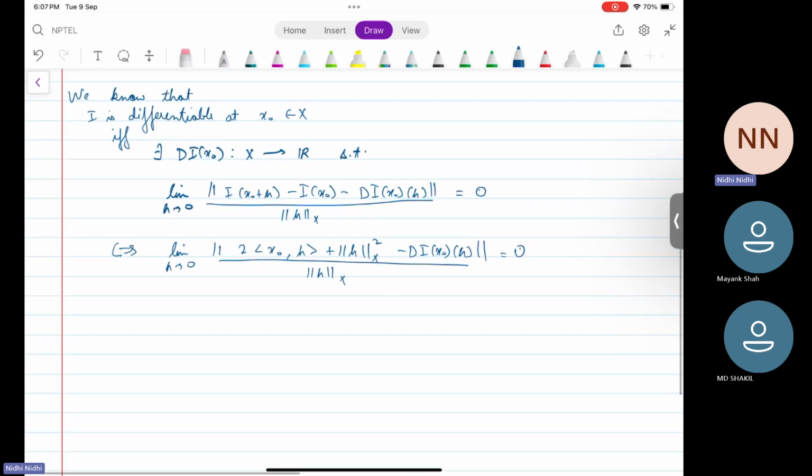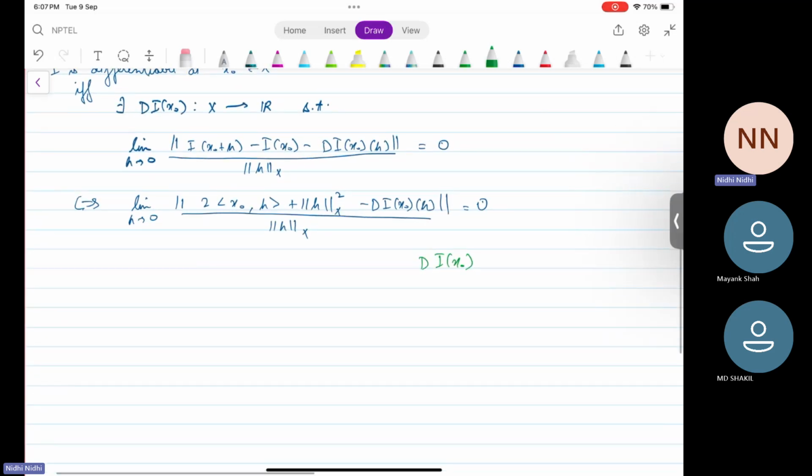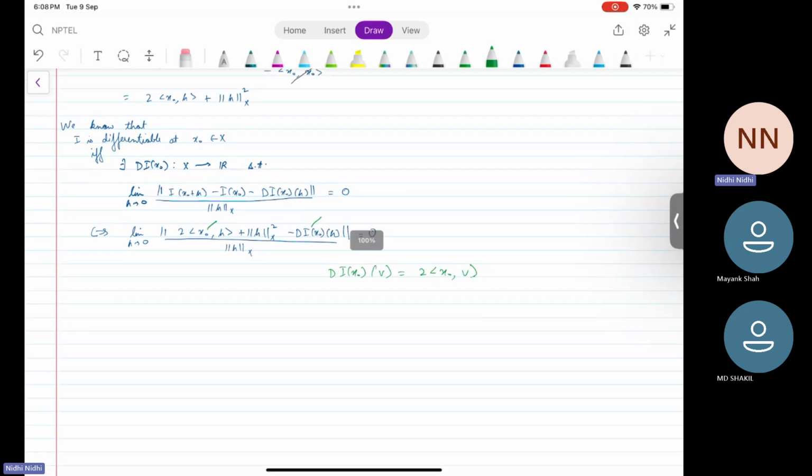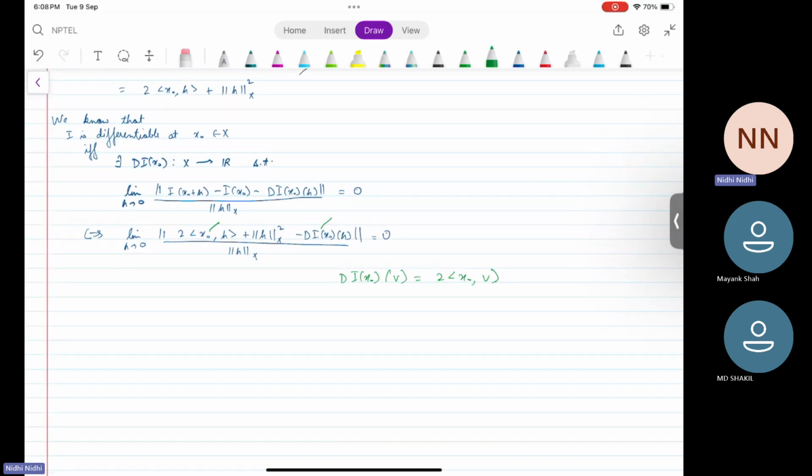Now from here we can see that if I define dI x naught at any point v to be equal to 2 times the inner product of x naught and v, then this term and this term will get cancelled out. Eventually, we'll be left with the limit as h tends to 0 of norm h, which will be 0 always, and hence the function will be differentiable.